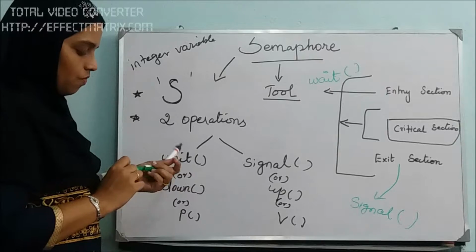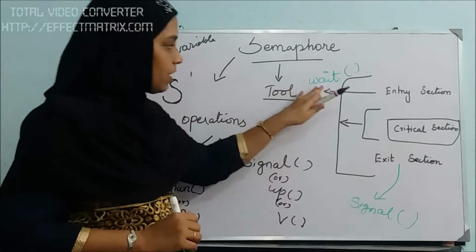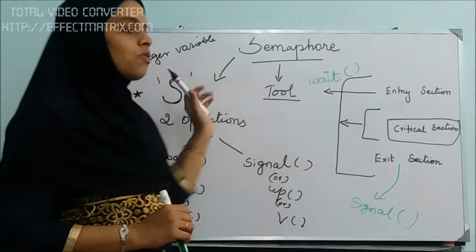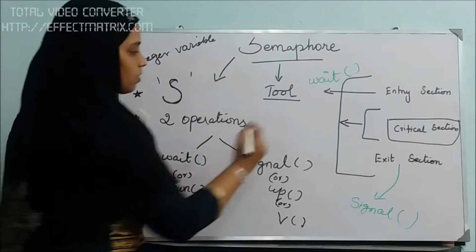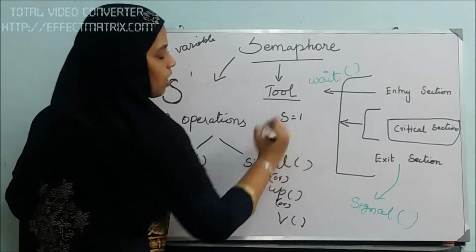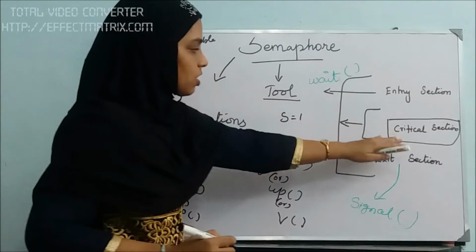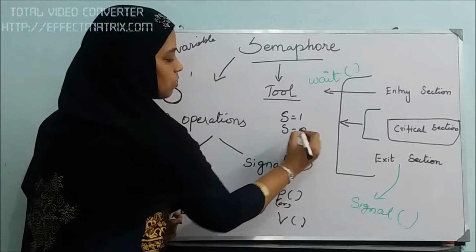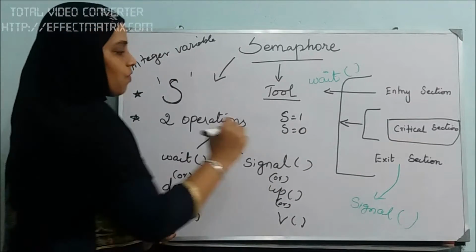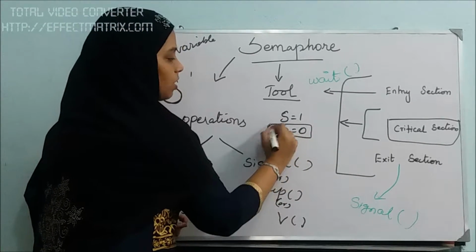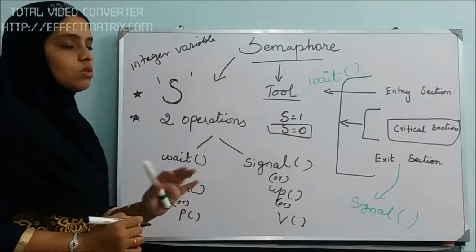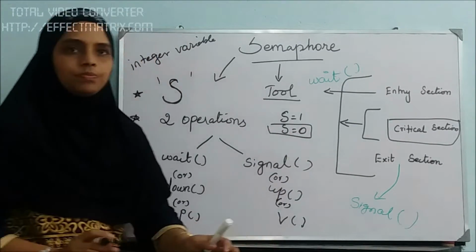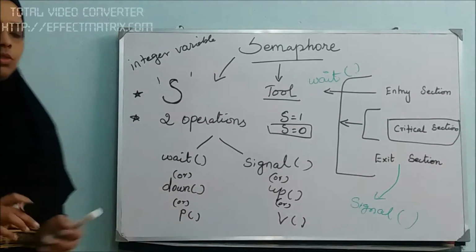Whenever a process enters the wait operation, the semaphore value is 1. When it enters the critical section, the value is decremented to 0, and so on. When the value is not equal to 1, no other process can enter the critical section. That is the main condition.